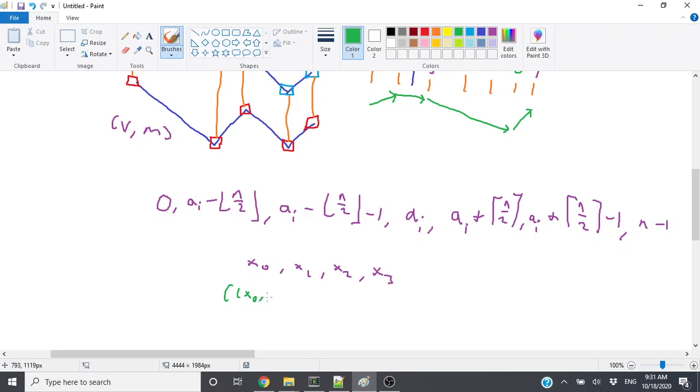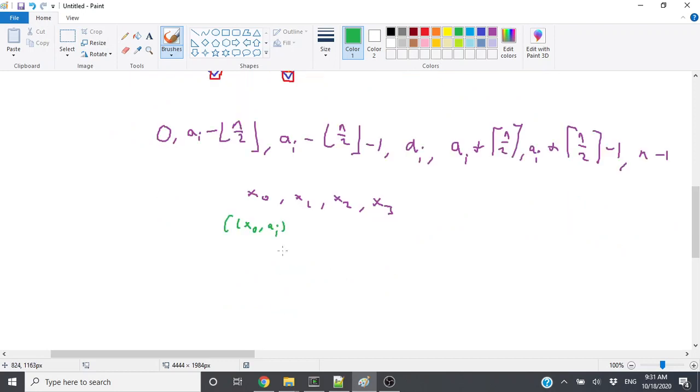The order here doesn't matter because it's the same. So we have c of x0 and ai, c of x1 and ai, and so on. We just continue. So the slope between these two points is simply the difference in y over the difference in x, rise over run, which is, I'm going to draw it bigger now.